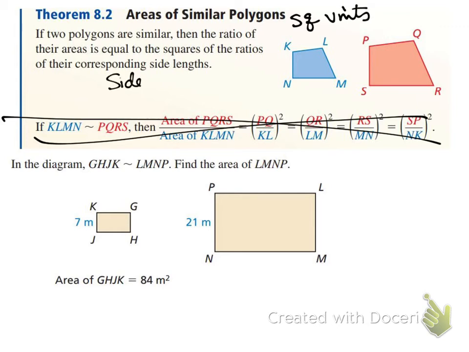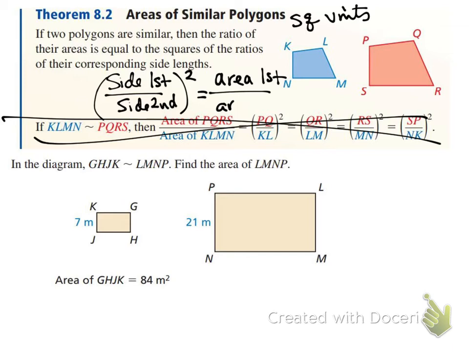You're going to say side from the first over side from the second, and this is going to be squared, is equal to the area of the first over the area of the second. The thing that students forget is that squared. So you've got to make sure that you've got that going on.